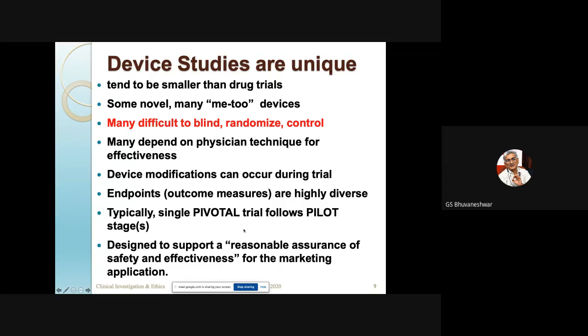Pivotal studies are done in multi-center so that you have more users, more clinicians using your device, so that you can demonstrate that when different users are using the device, it's still safe. The data shows that it is safe and it performs as you claim it to be. So the overall aim is to support a reasonable assurance of safety and effectiveness for the marketing application.